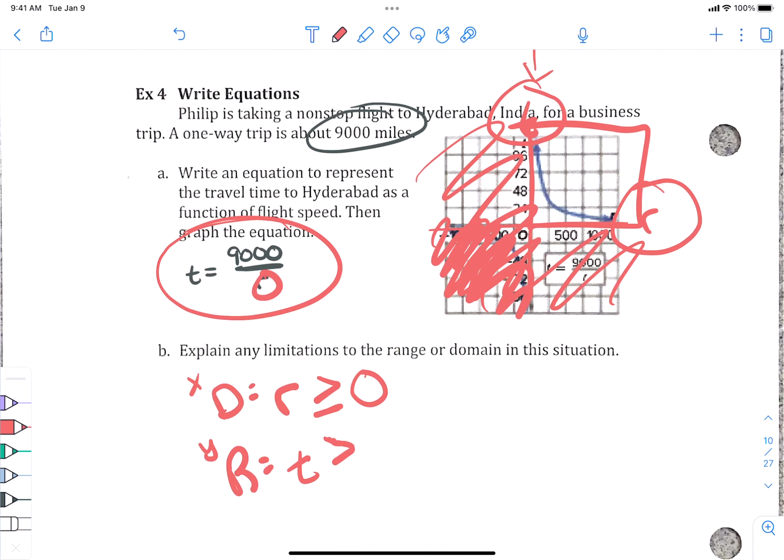So for this particular example, we're not going to be discussing anything where it's equal to 0. Let's just say greater than. Time will strictly be greater than 0 also. Does that make sense? Even though you could technically have a rate of 0, you're not going anywhere. If we're going to use the equation, we wouldn't be able to, because you can't divide by 0. Okay, happy with that? Not too bad.